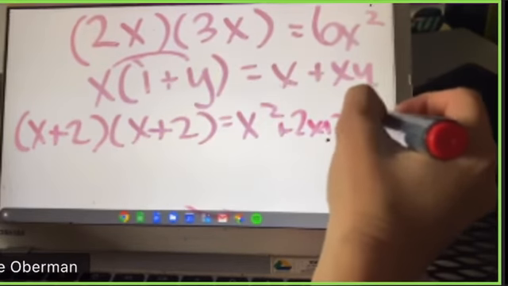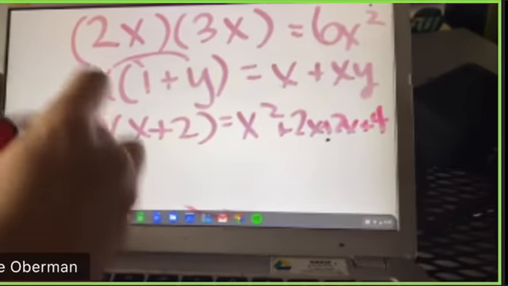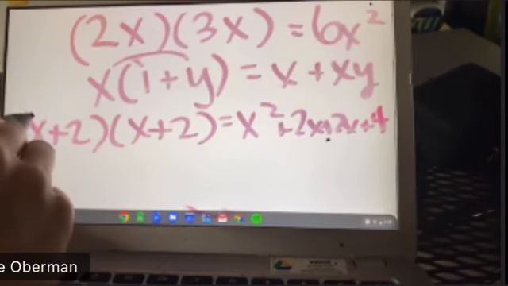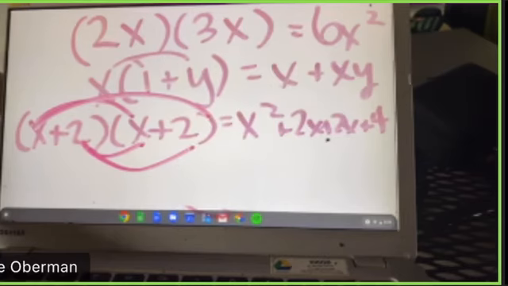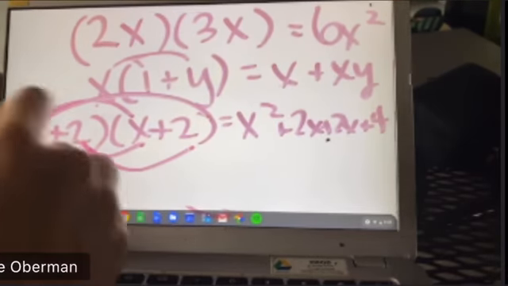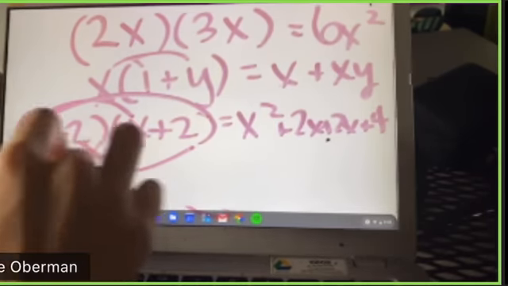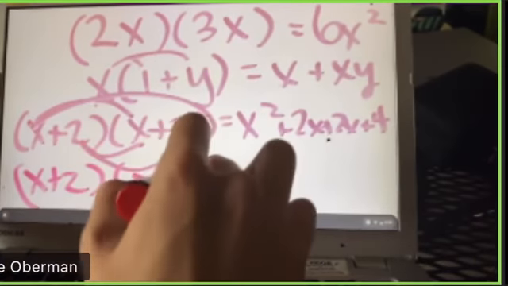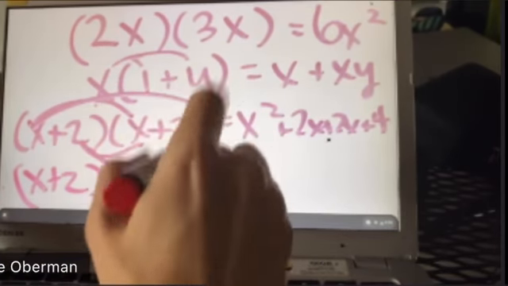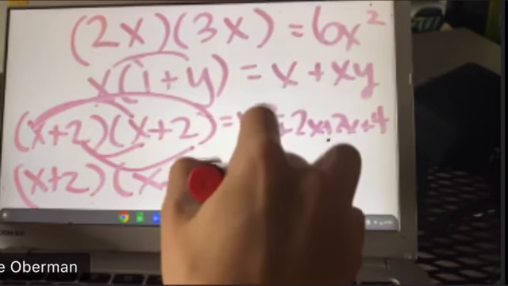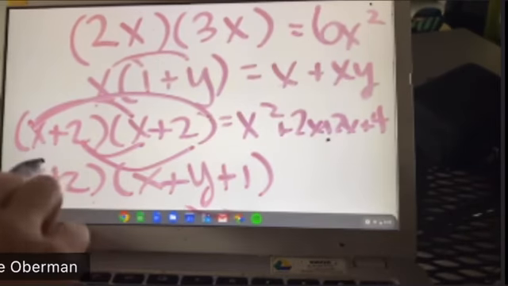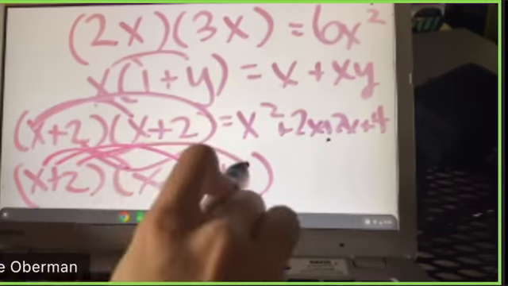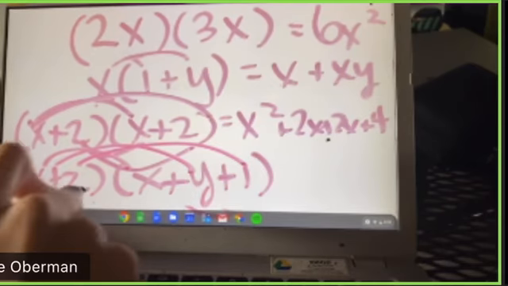Does that make sense? So that's when we have to FOIL, because that's when we have the first, outer, inner, last. And then with the 3, let's say it was x plus 2 times x plus y plus 1. Then it's not really FOIL anymore, but you just have to keep yourself organized: you do this x times each of these terms, write those down, and then do the other part times each of those terms.